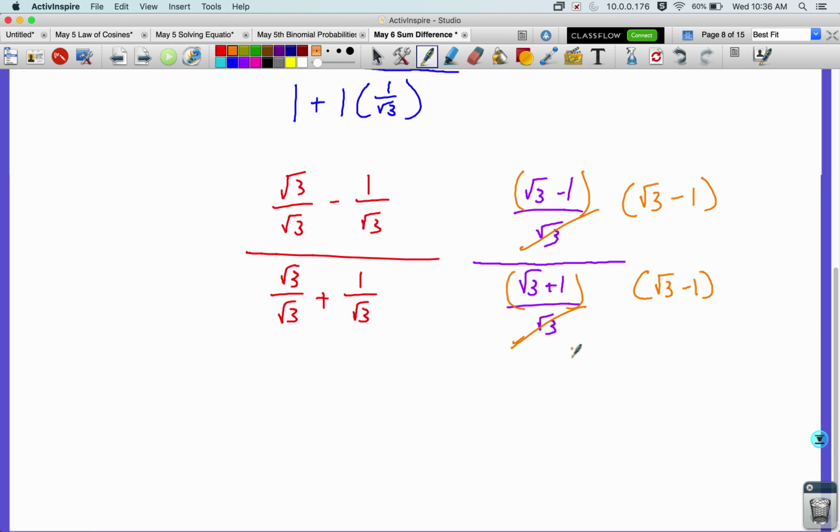Foil these. So now I've got 3 minus root 3 minus root 3 plus 1 over 3 minus root 3 plus root 3 minus 1. These cancel out.